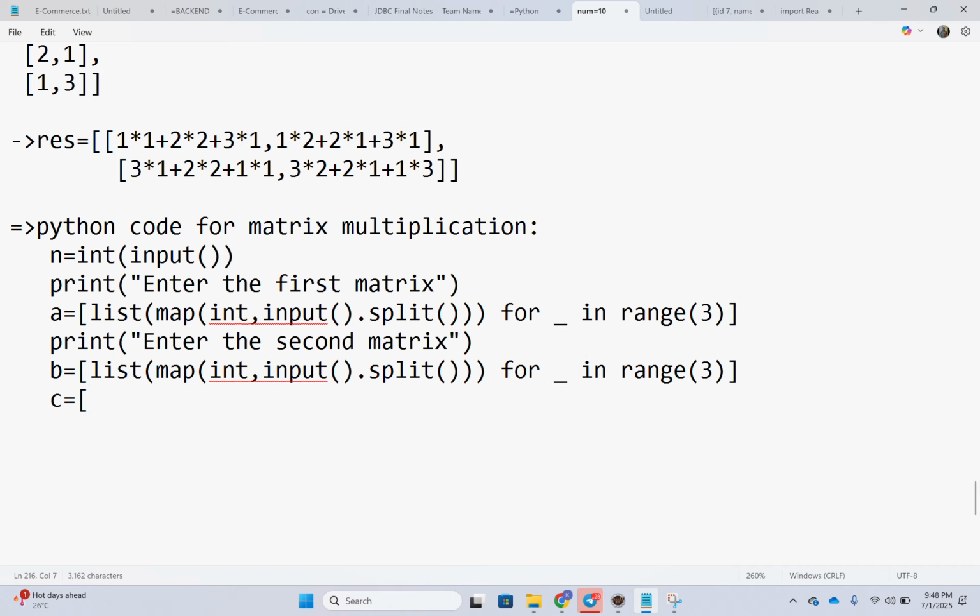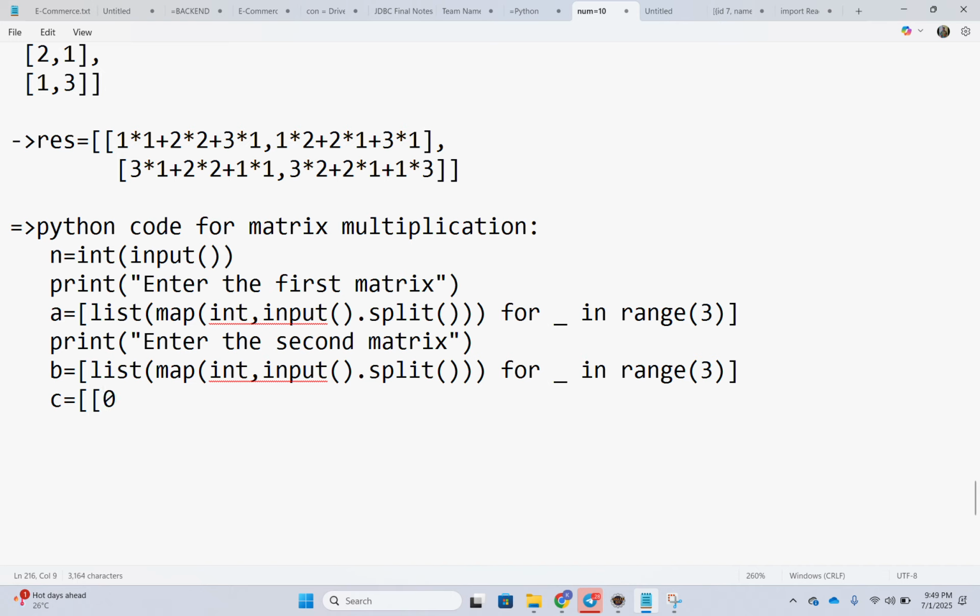I informed that condition: the first matrix rows and the second matrix columns. So that is the reason I'm writing this condition here. Based upon it, it will play a crucial role.